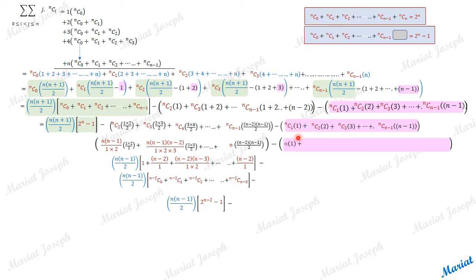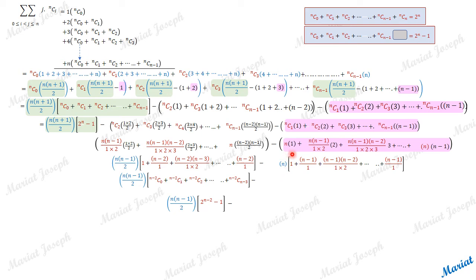Now simplify. nC1 is n. nC2 is n into n minus 1 by 1 into 2, into 2. nC3 into 3 is coming. This 3 and 3 will get cancelled, etc. In this bracket, we have a factor n common. Take it out.